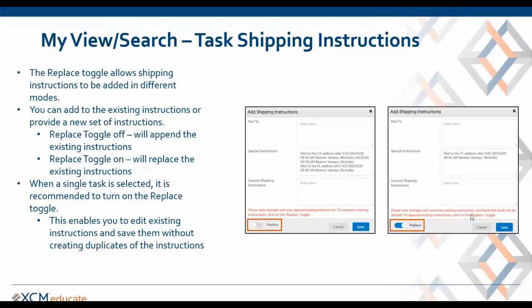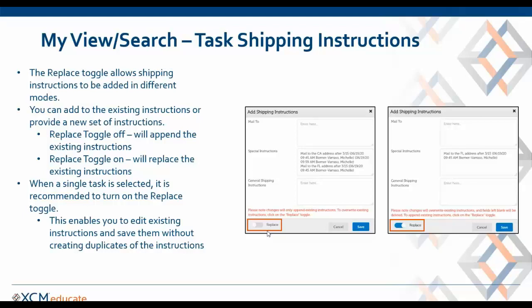We also have task shipping instructions that you have the capability of managing. You can add to the existing instructions, or you can append the instructions. If we look at the images here, the first image, you're going to notice that the replace toggle button is turned off.